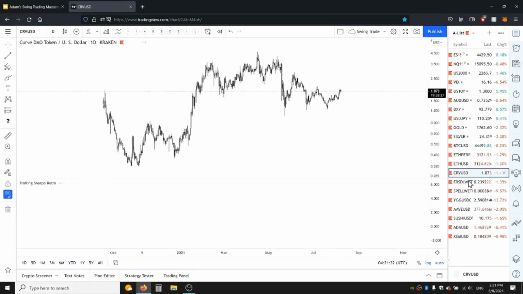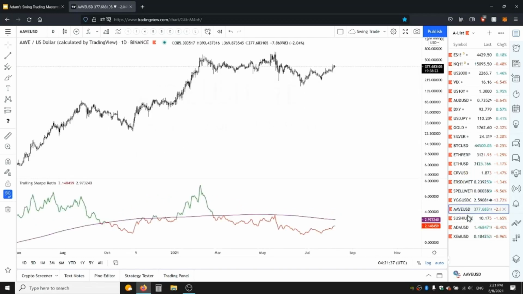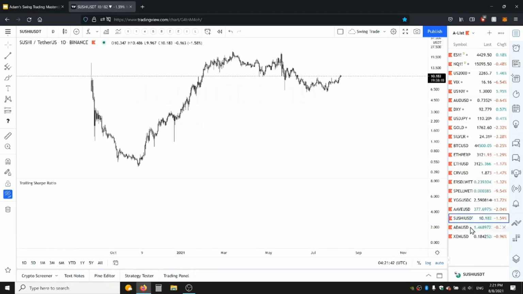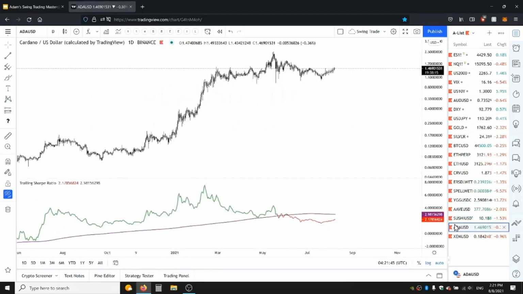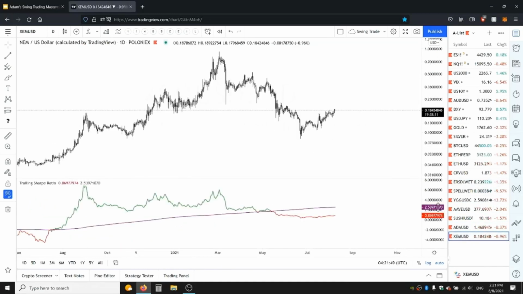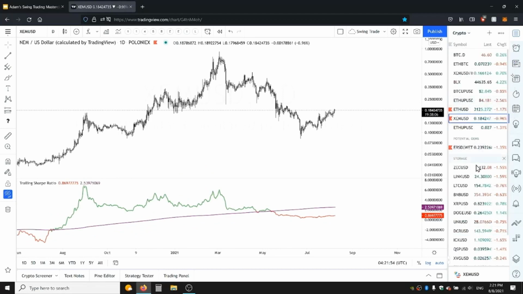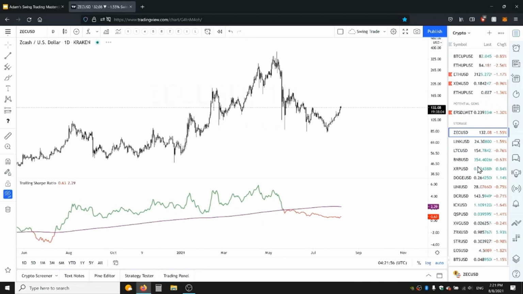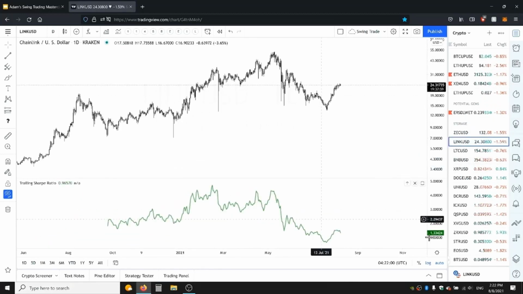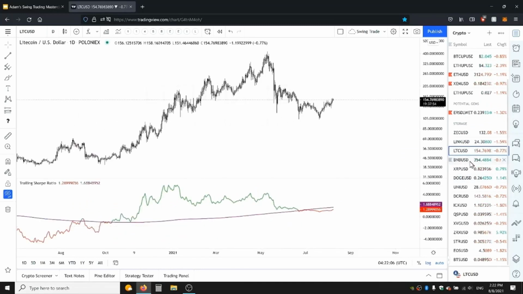I'm going to go through a few different ones here, see if we can get some price history. Not enough price history. I'm going to go AVE, 2.9. Not enough price history. 2.9. Some altcoin trash. 2.5. Zcash. 2.2. Link. Not enough price history. 1.3. It's still quite low on the high frequency one. 1.6.